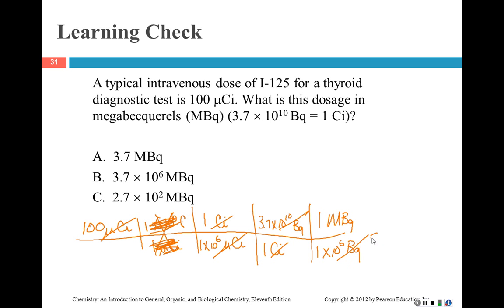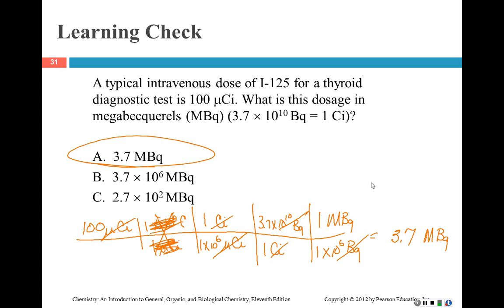And so that leaves me megabecquerels. If I do all of my calculations, 100 times 3.7 times 10 to the 10 divided by 1 times 10 to the 6, and then divided by that again, that looks like it's going to leave me with 3.7 megabecquerels. Okay? And so if you got that, you did it right.